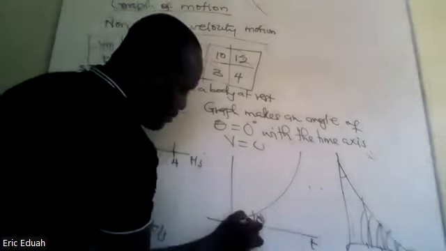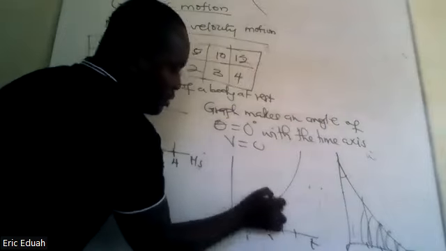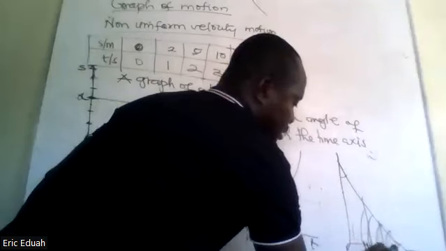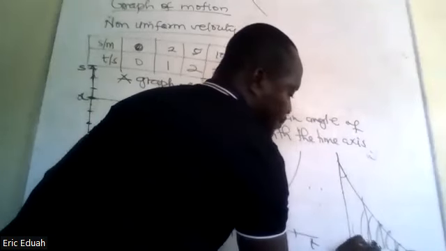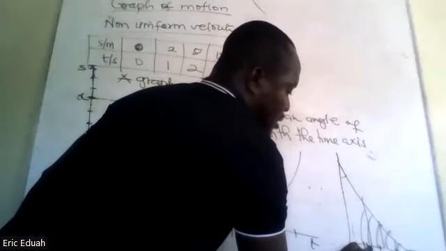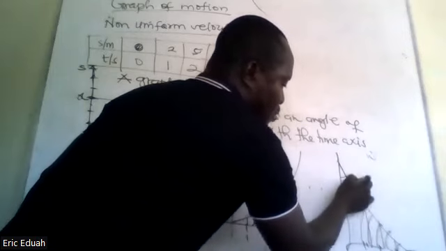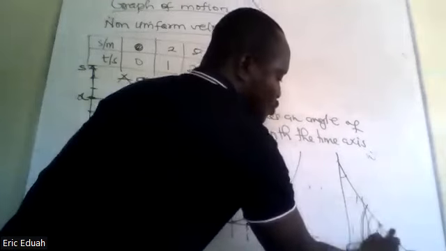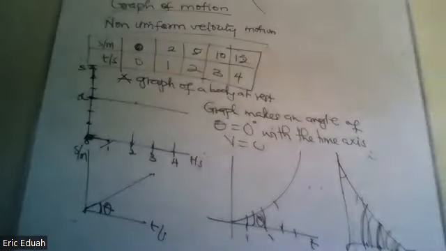Okay, time. So 1, 2. Same thing here. At 0, this is the whole angle it makes, at 1, at 2, at 3. It's also an increasing situation, but in the opposite direction.